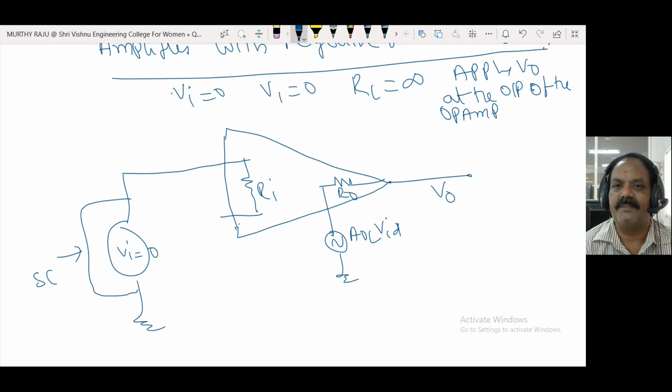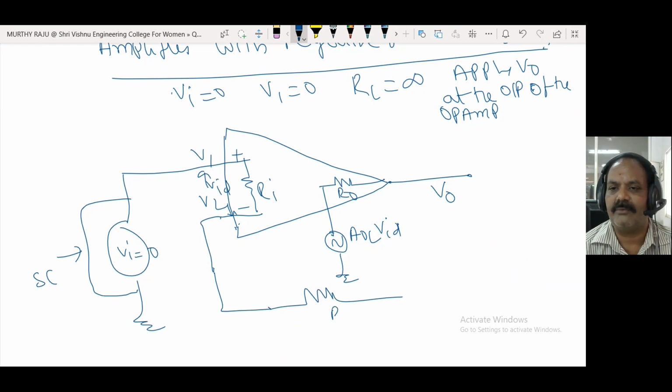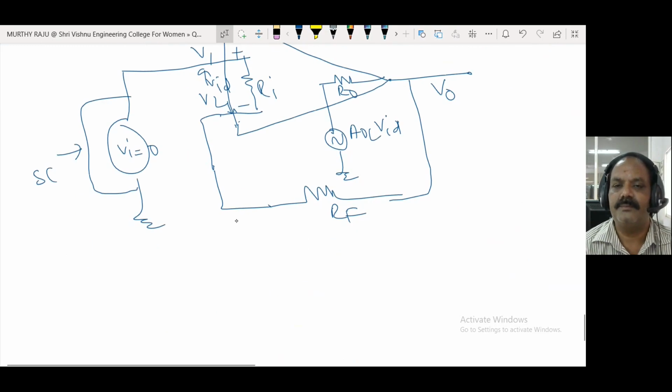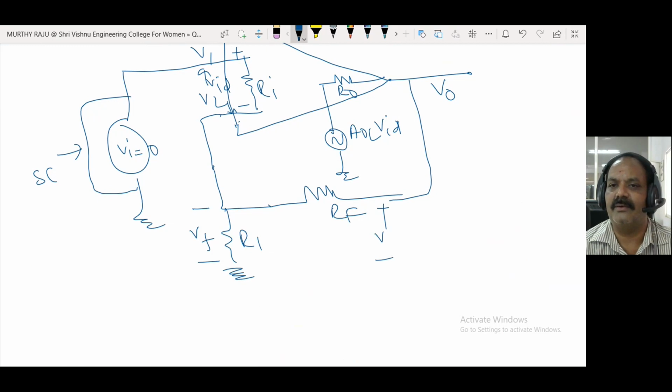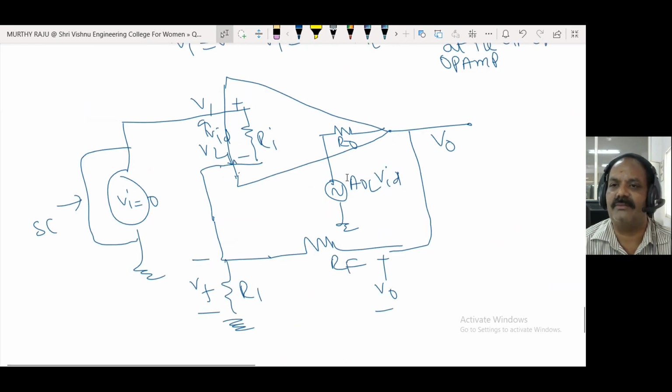Here, this one is V1 positive, negative. This one is V2. In between these two, VID is there. Next, this one is RF, connected to here. This one is R1, connected to here. This voltage is V0.